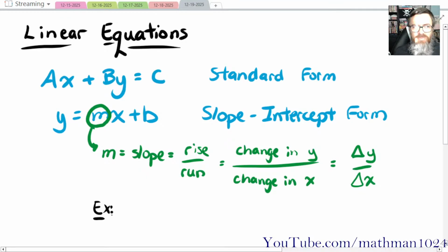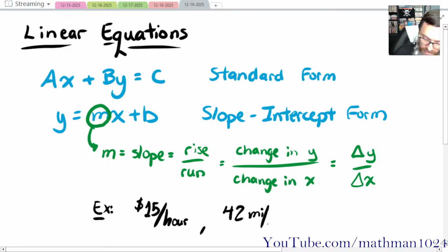You could talk about how much you get paid per hour. And so you might say, oh, I get paid $15 per hour. It's a ratio. In this case, it's a rate, $15 per hour. It might be that you are getting 42 miles per gallon, right?